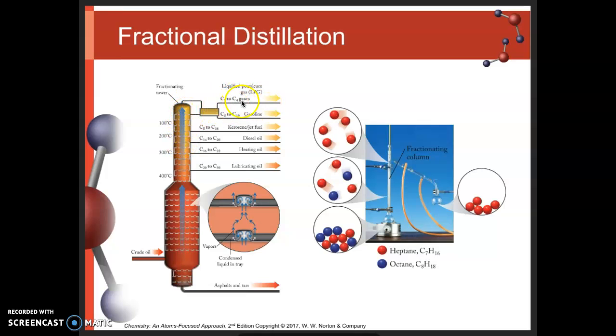That's where we can get our liquefied petroleum gas and our gasoline. At slightly elevated temperatures, we get our kerosene and jet fuel. At slightly higher temperatures, we'll start getting oils. And then the stuff that doesn't burn off of the crude oil, the asphalts and the tars, eventually falls to the bottom here and begins to get pumped out that way.